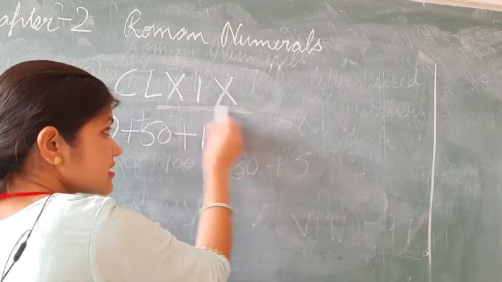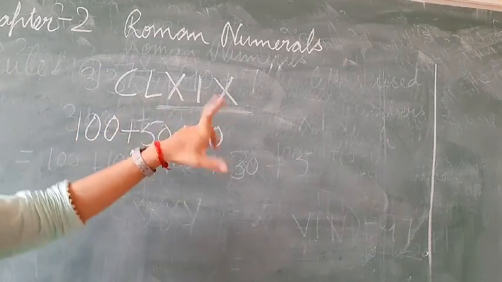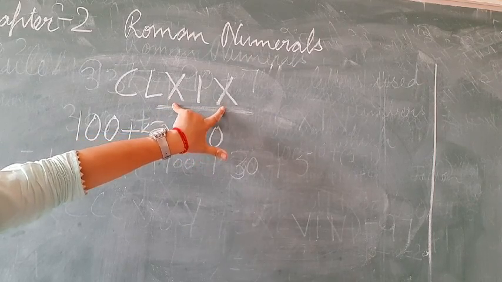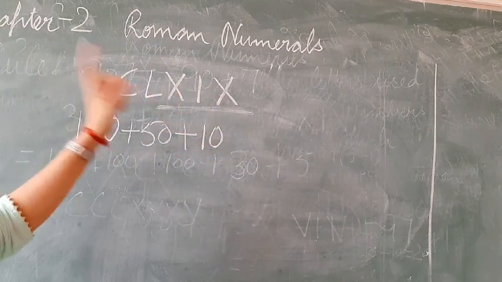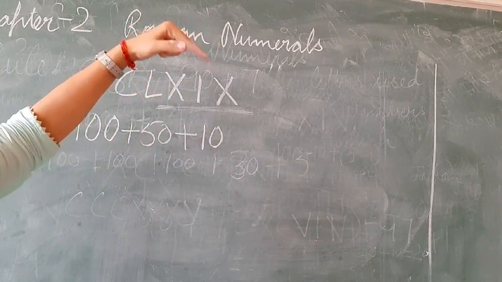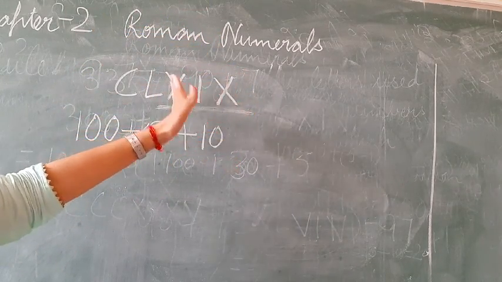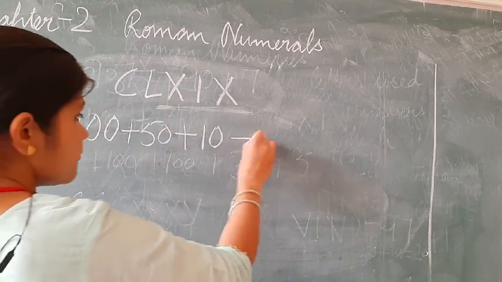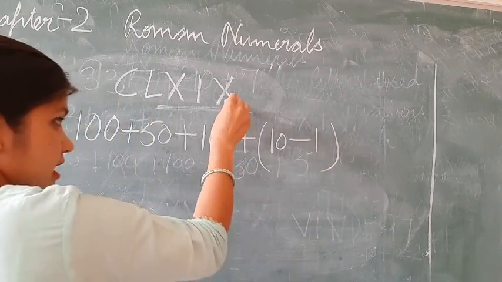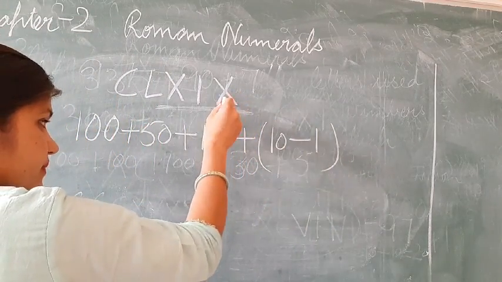Look here, this is our fourth rule. If a smaller numeral is written between two larger numerals, then we have to subtract the smaller numeral from the greater numeral which is following it. Here we have to subtract this from this.